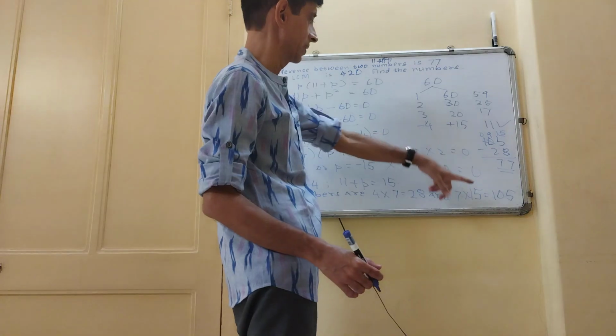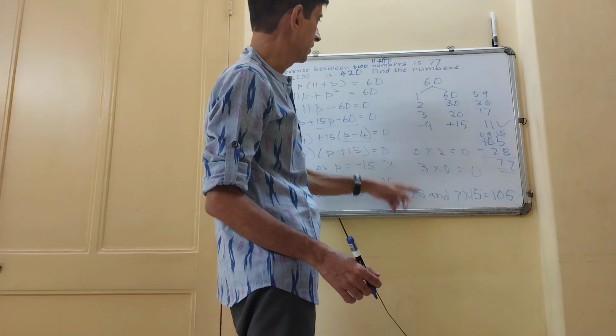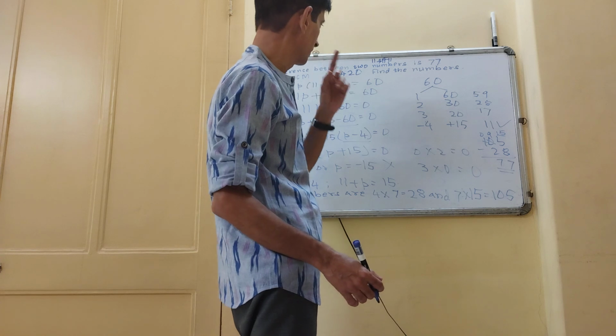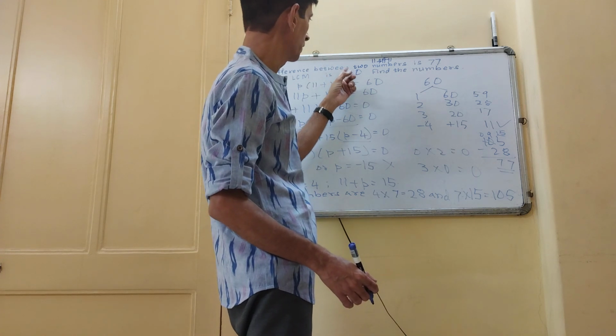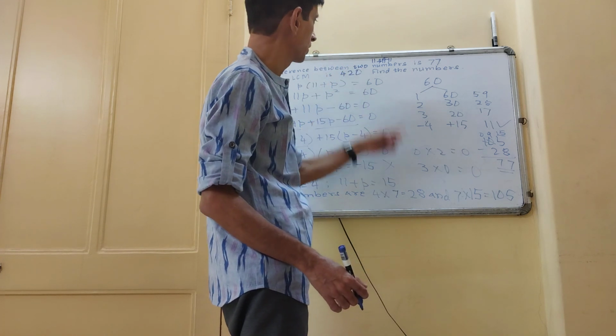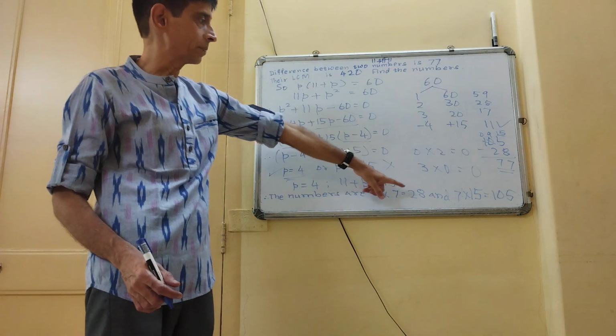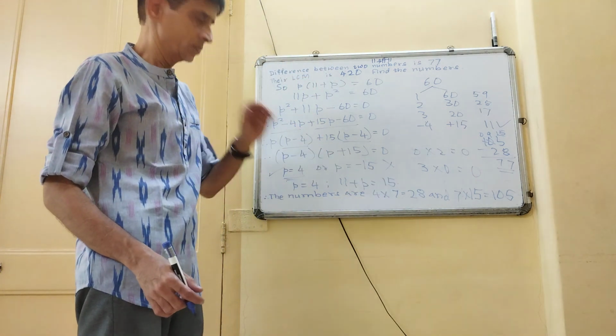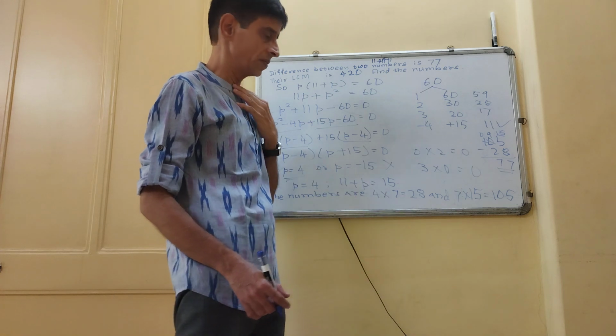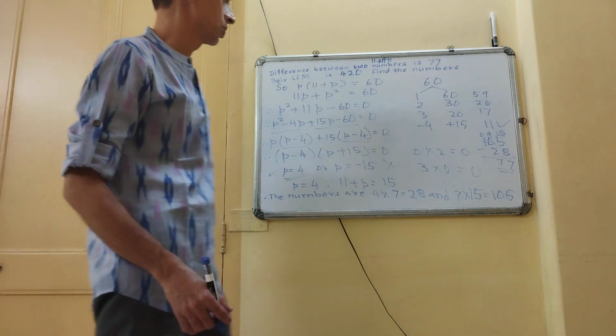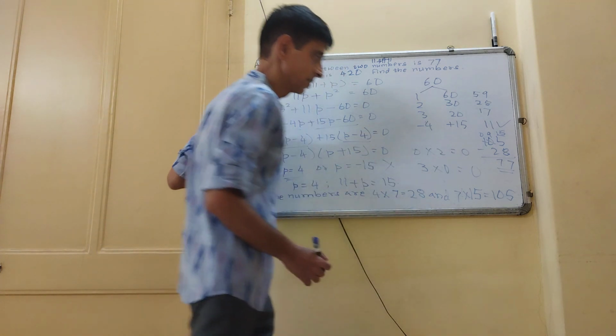So 420 is coming, and 420 upon 28 is 15. So if you multiply 28 by 15, then the answer will be 420. So these are the numbers. Thank you.